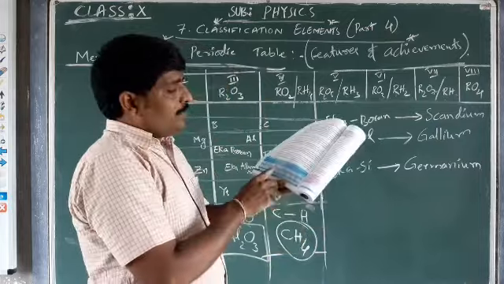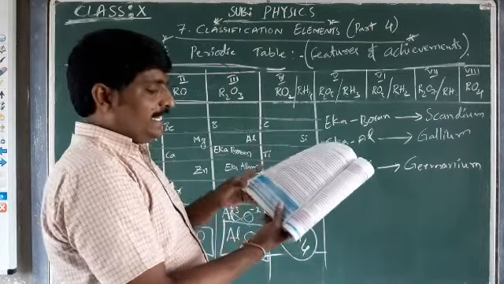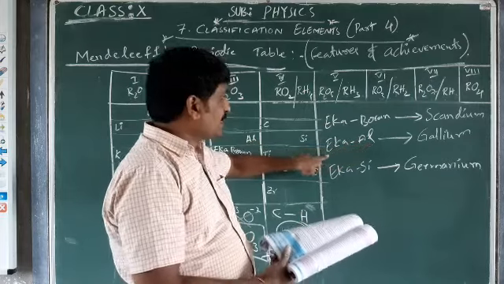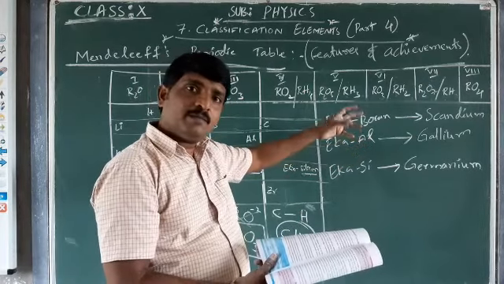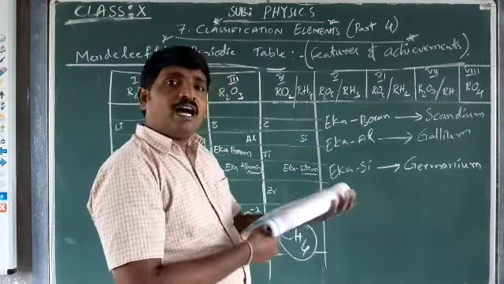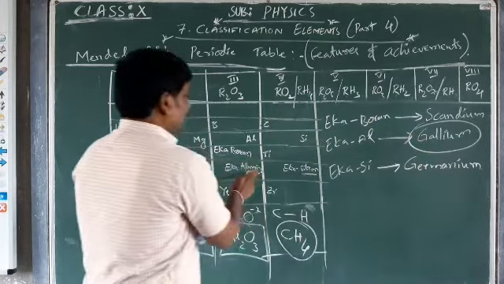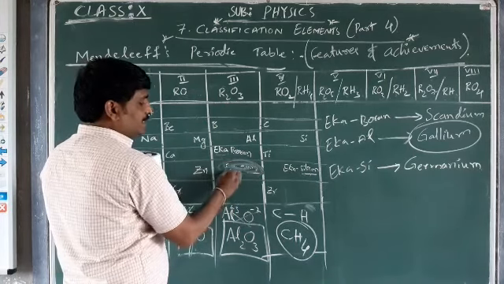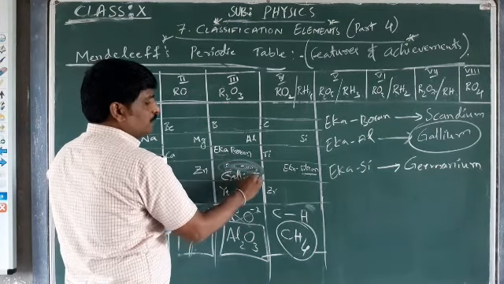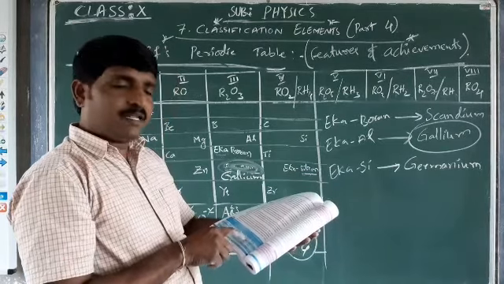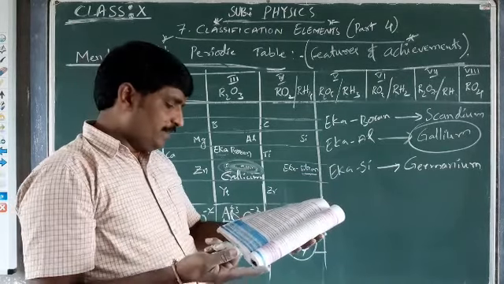So what does this table show? Eka aluminium's predicted atomic weight, before the discovery, was 68. After the discovery, gallium is going to sit at this place, and it has an approximately similar weight of 69.2.